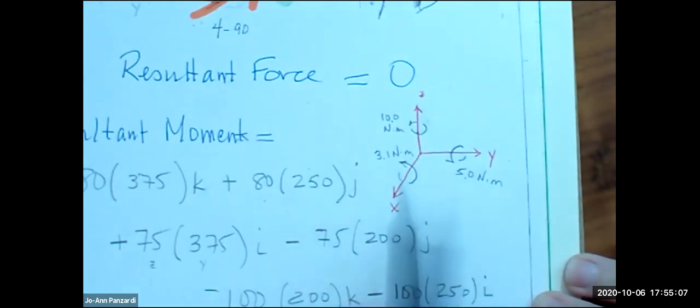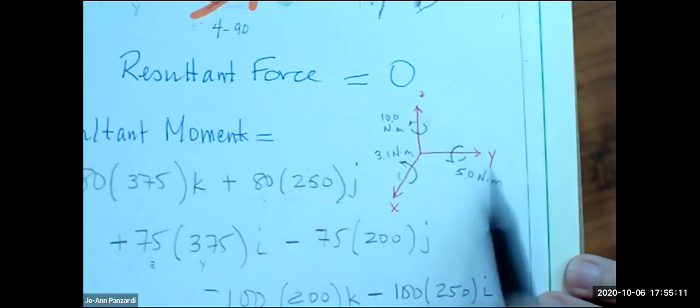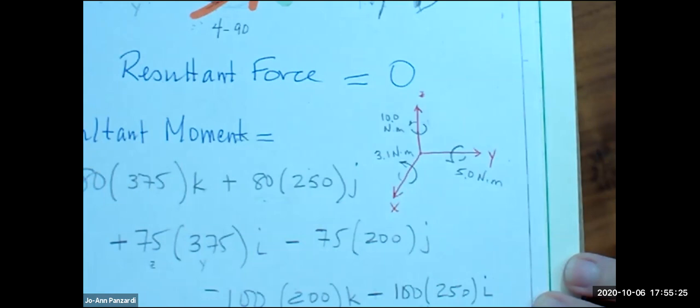So it's spinning in the X. It has a component of spinning in the X, a component of spinning in the Y, and a component spinning in the Z. And it's all positive. So which way is this resultant moment directed? Edgar, you want to still do that one? Could it be like in the first octant?